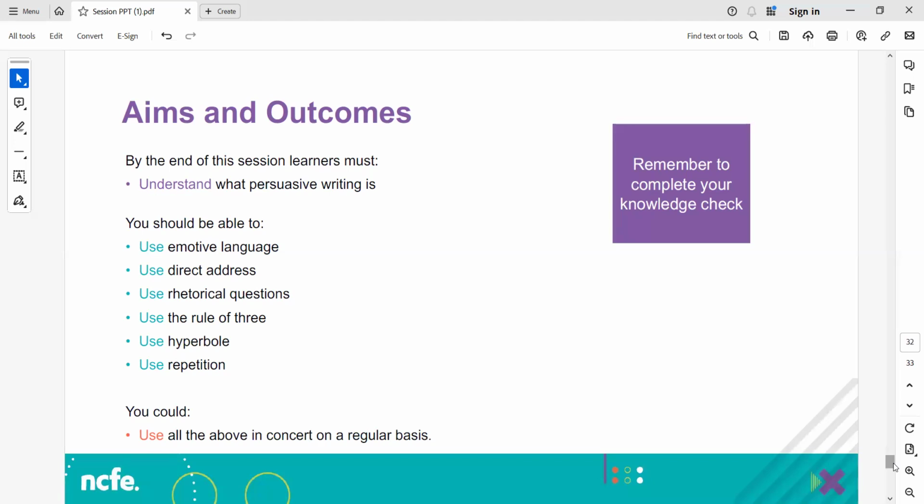You can also practise functional skills using the BBC Bitesize website. If you Google BBC Bitesize functional skills, there is some additional information on there that some people find helpful.